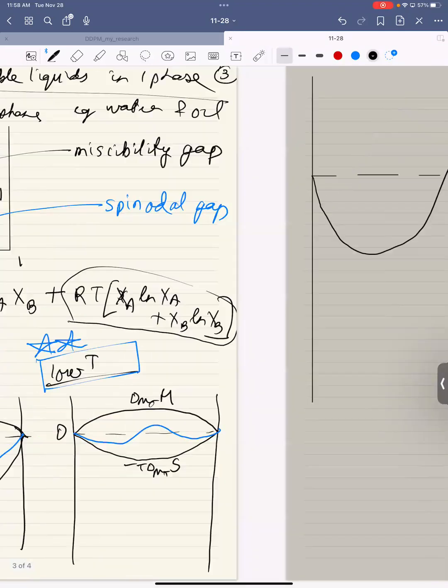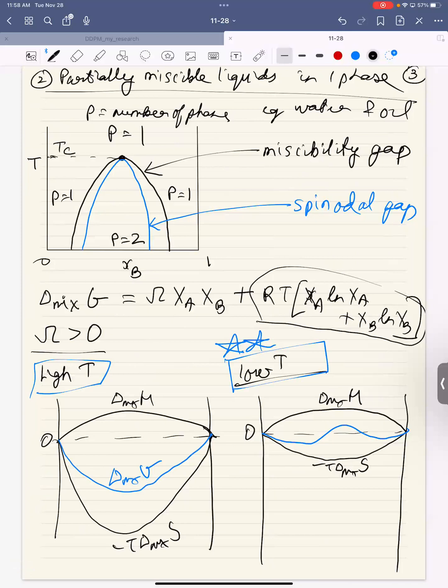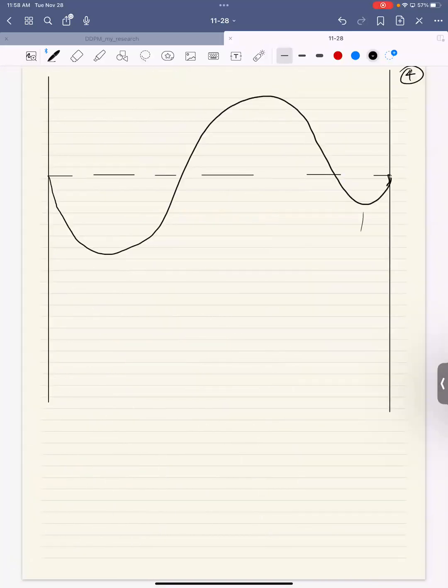The only thing we know is that delta mixing G starts here, drops with a slope of minus infinity, maybe crosses up at some point, then goes down, and then again goes over here. This is the zoomed in version of the blue curve in the previous page. This is delta mixing G, omega positive, and low temperature.